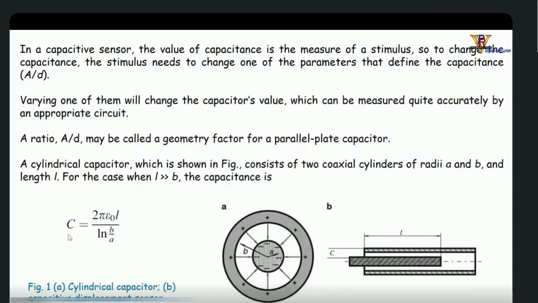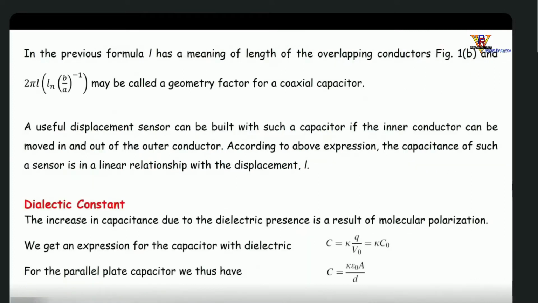If we calibrate this displacement with respect to the voltage stored by the capacitor, we can directly measure the capacitance, or we can say directly measure the displacement. So this capacitor can be used to measure the displacement.